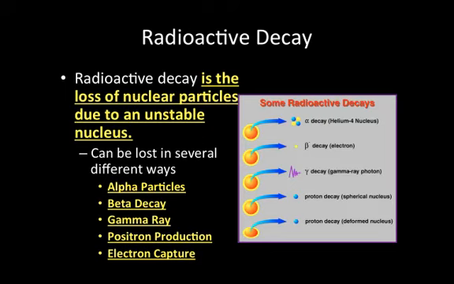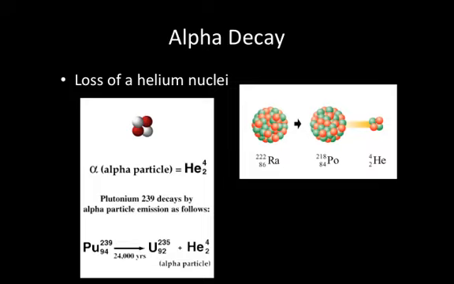The first is what's called alpha decay. Alpha decay typically occurs in rather large nuclei. In the examples given, we have radium-222 and plutonium-239. Over time, plutonium-239 will decay into uranium-235 plus a helium nucleus, also known as an alpha particle.